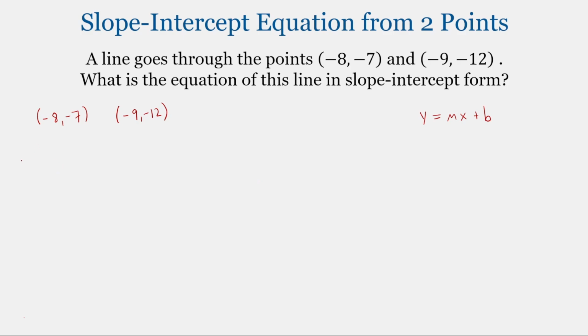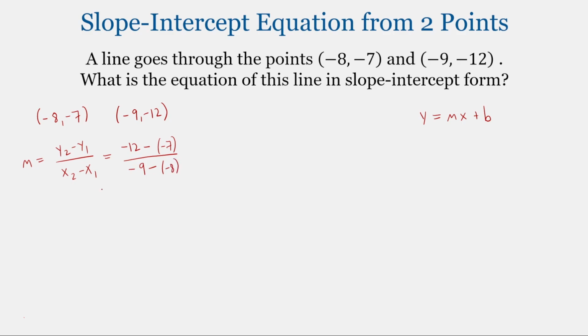So from these 2 points, we can find that slope. So slope is the difference in y all over the difference in x. That is our rate of change. So we're going to have negative 12 minus a negative 7 all over negative 9 minus a negative 8.